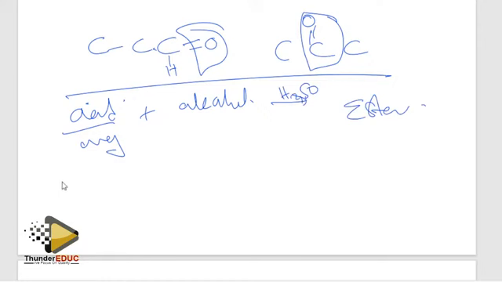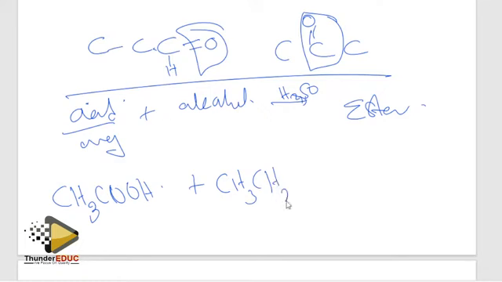For example, a carboxylic acid, maybe ethanoic acid, plus an alcohol, maybe propan-2-ol. Let me say propan-1-ol. Yes, and then I form an ester.